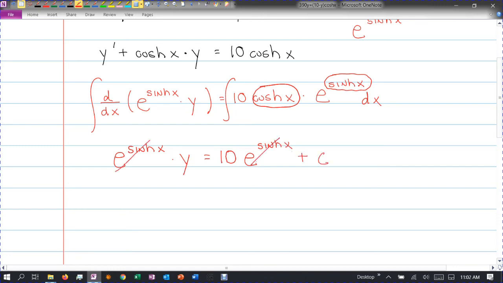So it's gone there, and here it appears. So y is equal to 10 plus c over sine hyperbolic x, which is really cosecant hyperbolic x.